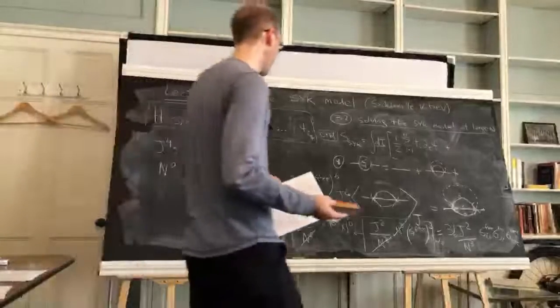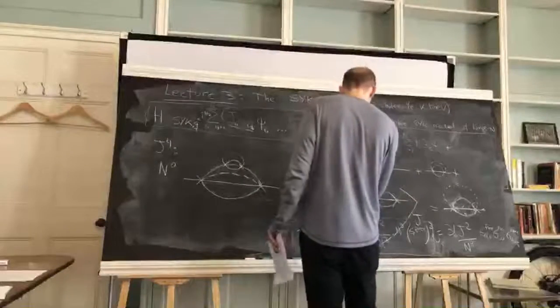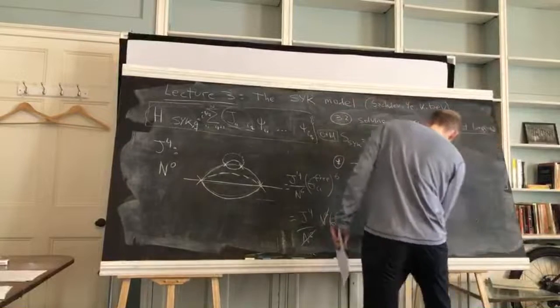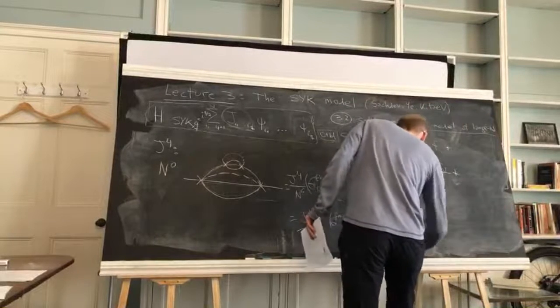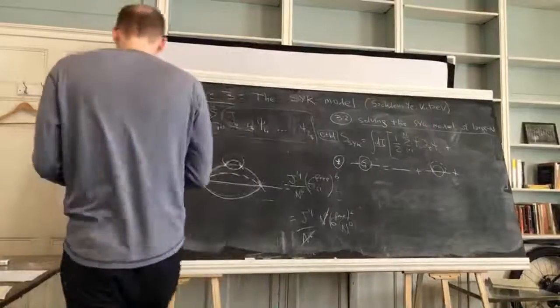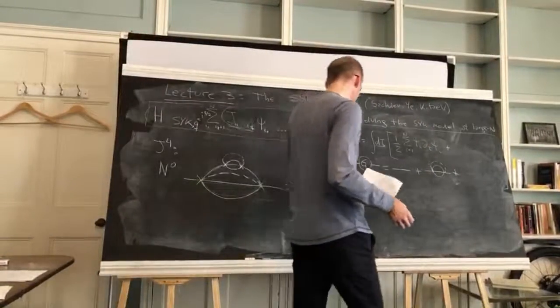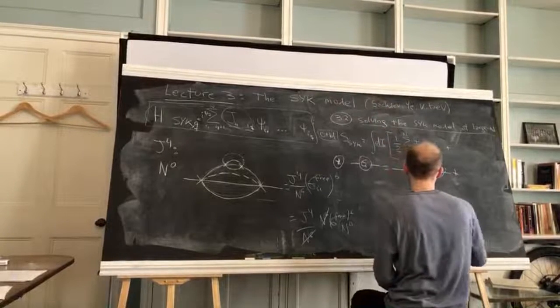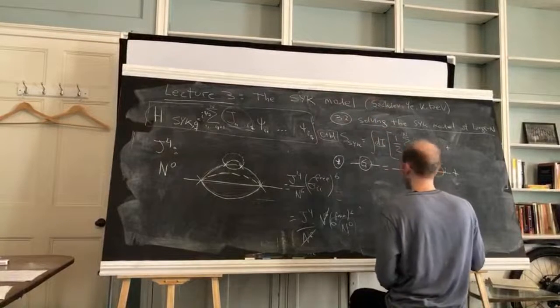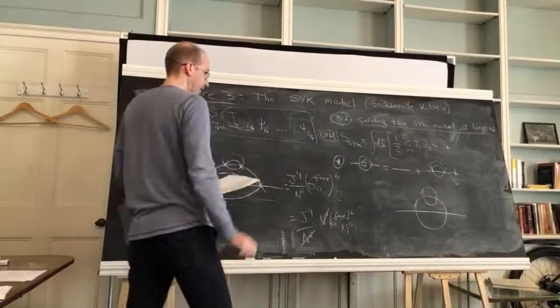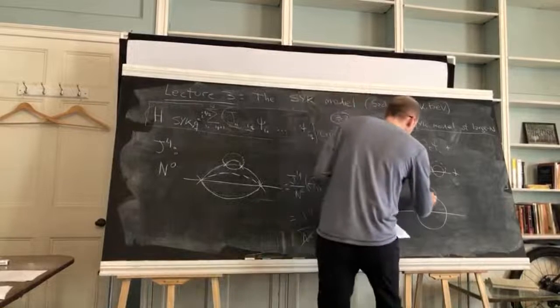But with 4 vertices, you will have many, many other diagrams, and you will have to believe me or do the homework to see that those are subleading in n. For instance, it's the same diagram, but we can choose to contract these legs in a different way, like this.